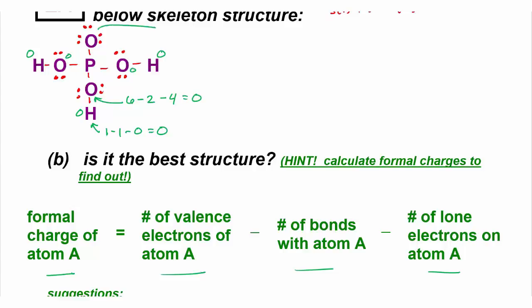How about this oxygen? We have 6 valence minus 1 bond minus 6 lone electrons. It's a -1. So this is a -1 formal charge. How about that phosphorus? The phosphorus is 5 valence minus 4 bonds minus no lone electrons, +1.